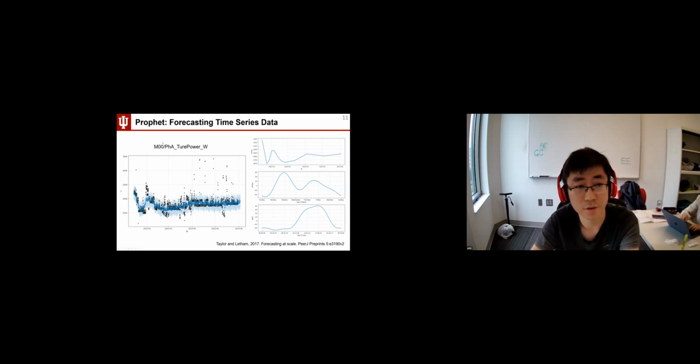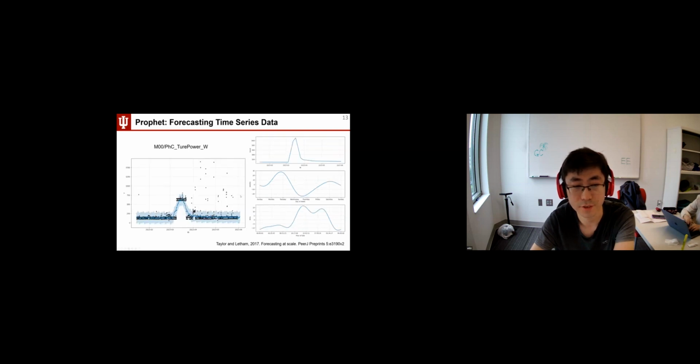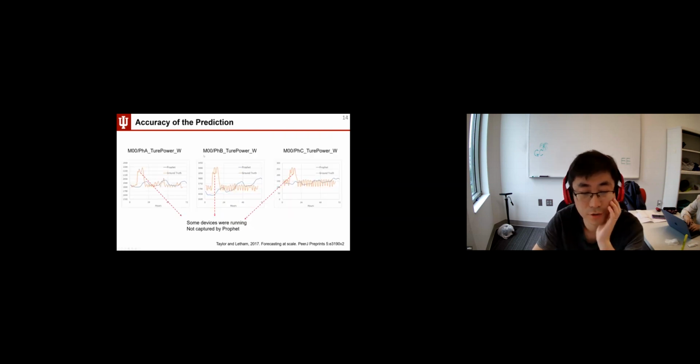This is for the M00 sensor in phase A. And this is the same sensor, but for phase B. And this is for phase C. Let's look at how the prediction performs.